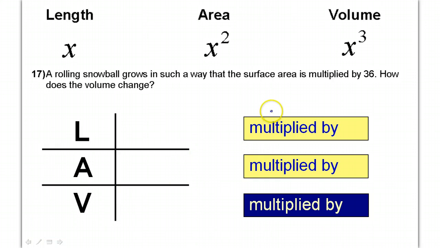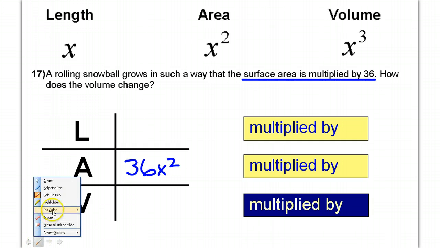Okay, I'm done. Alright, so your surface area, that's going to be A. It's 36x squared. So 36x squared goes with A, because that's area. Then what happens?